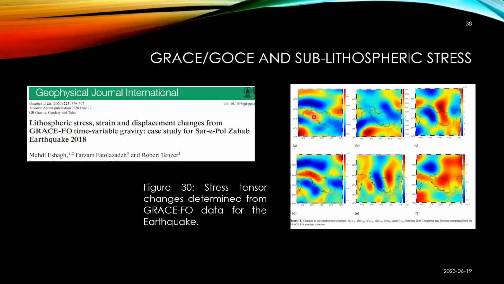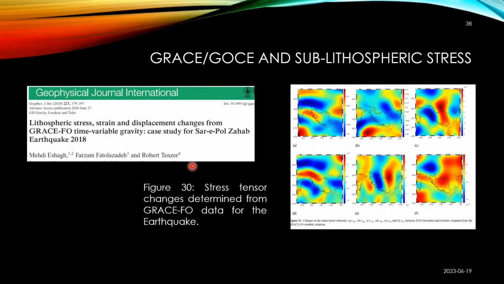Here you see the point, yes, this is the epicenter of that earthquake. And this is the stress tensor that we have determined from the GRACE data. So how do we do that? We have the gravity field before the earthquake and the gravity field after the earthquake.